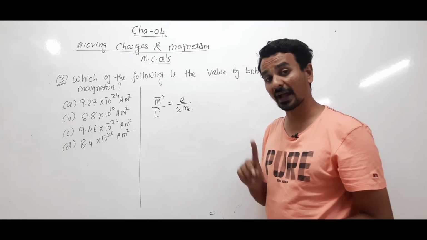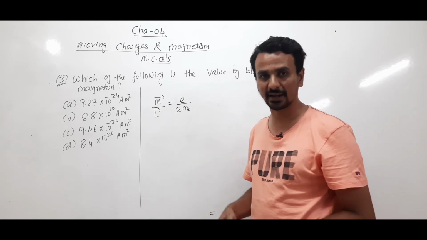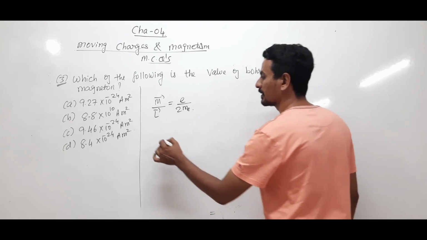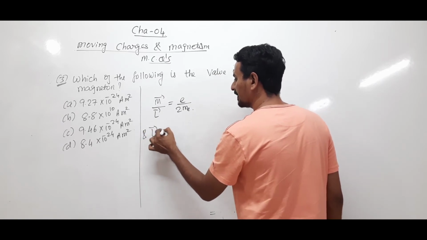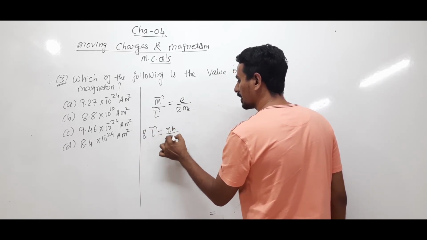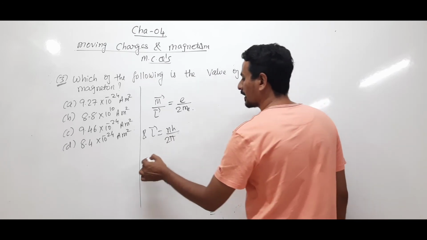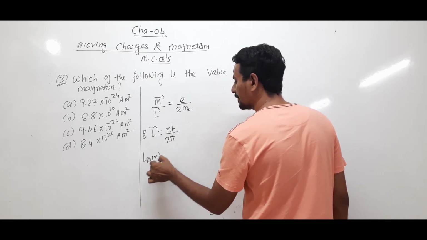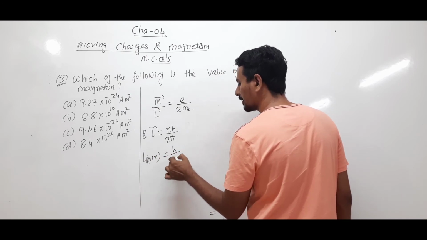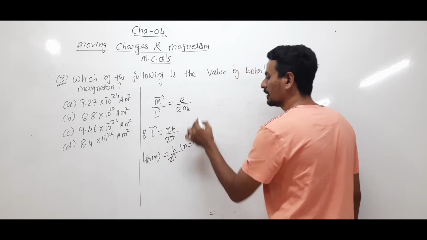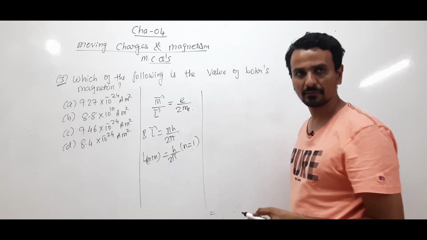That is the gyromagnetic ratio, right? And angular momentum is nh by 2 pi, an integral multiple of h by 2 pi. L minimum will be equal to h by 2 pi. We'll take n equals 1, which represents the orbits, right?